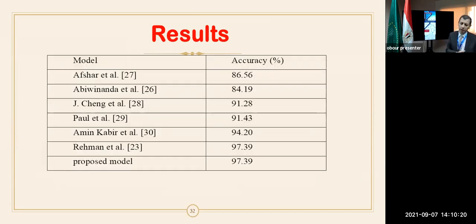To compare our approach with some related approaches, as we show, we have 97.4 accuracy.